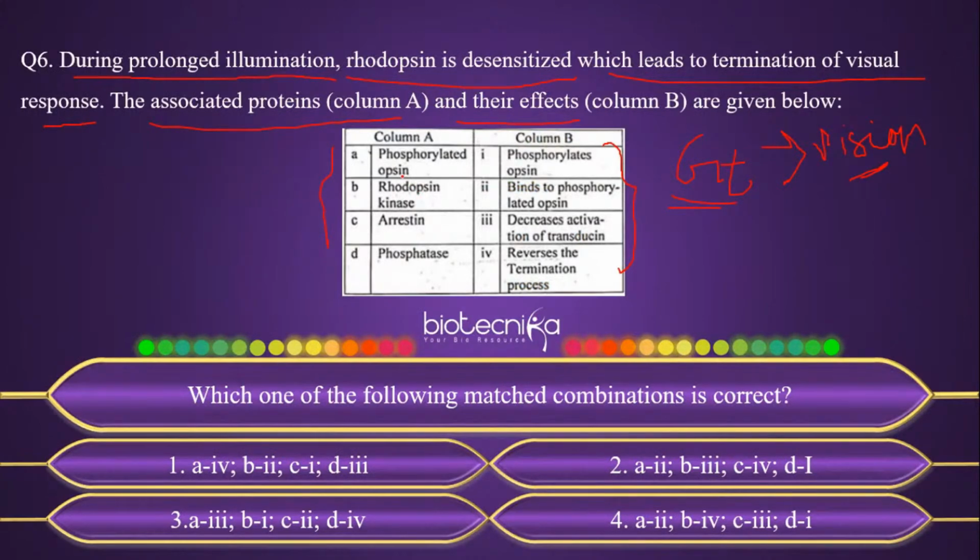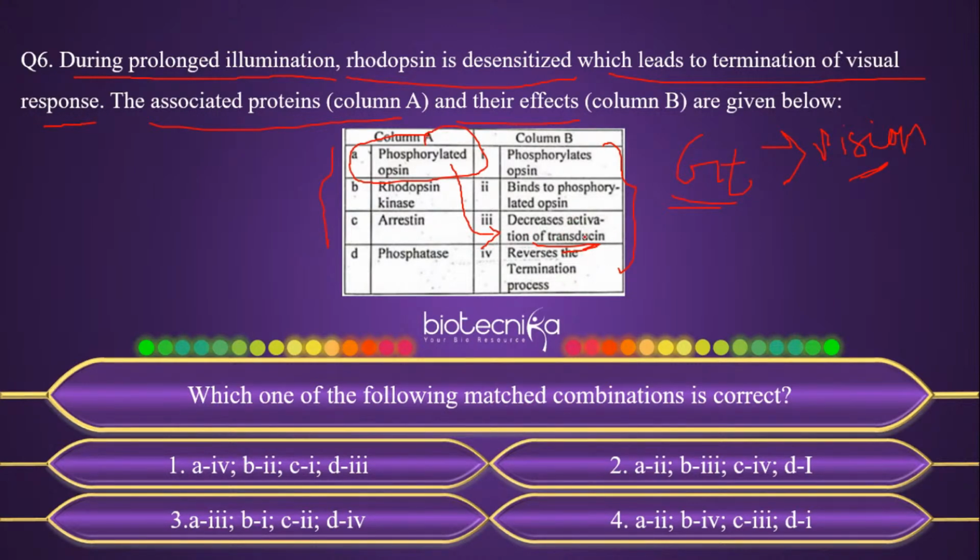So what is here? Phosphorylated opsin. What is opsin? It is the protein portion of rhodopsin. Once opsin is phosphorylated, it leads to a decrease in the production of transducin. Why? If opsin is phosphorylated, why does it lead to a decrease in the activation of transducin?